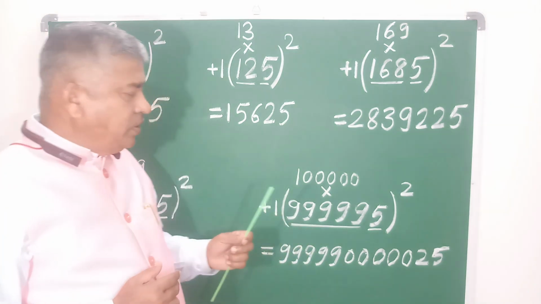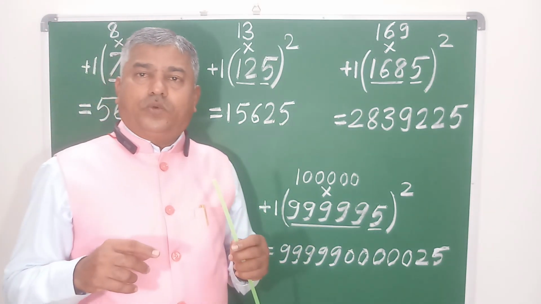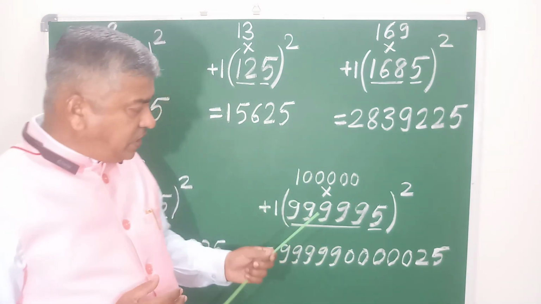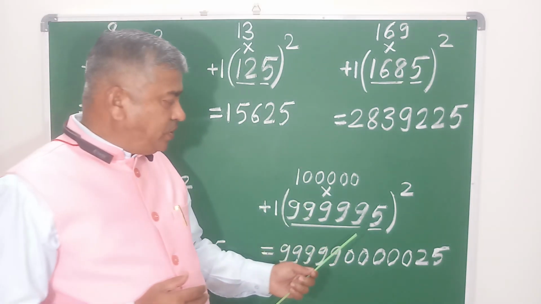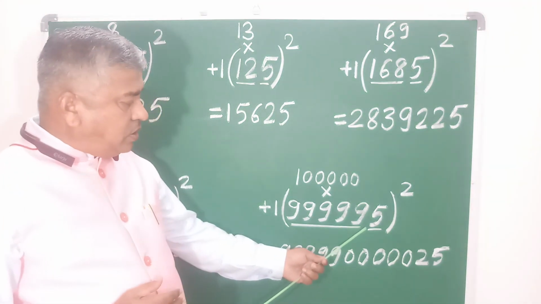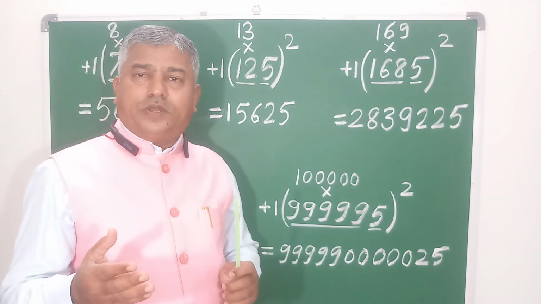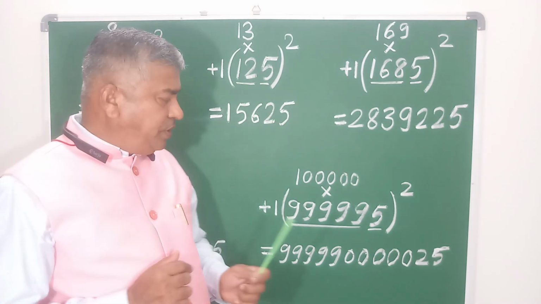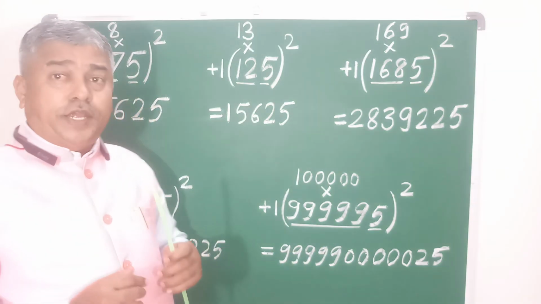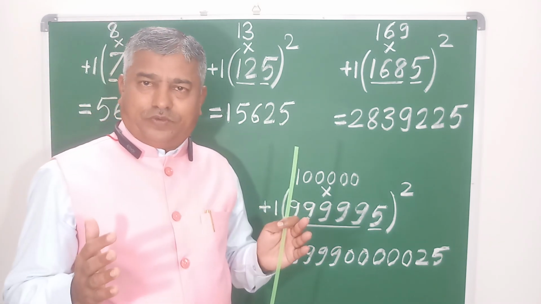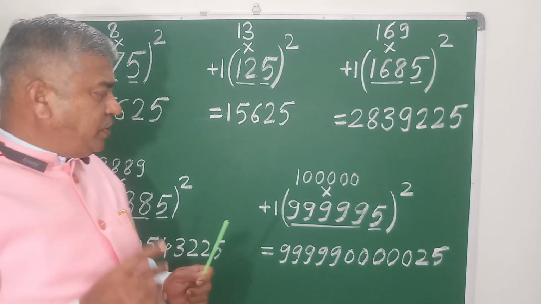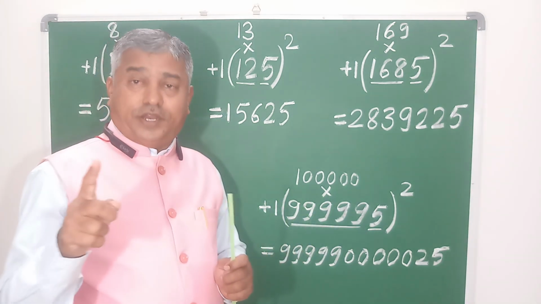So here, in the same way, we have to group these numbers in two. The same formula should be applied here. Yes, the second group has only a single digit, that is 5. The remaining five nines should be taken in the first group, that is 99,999.